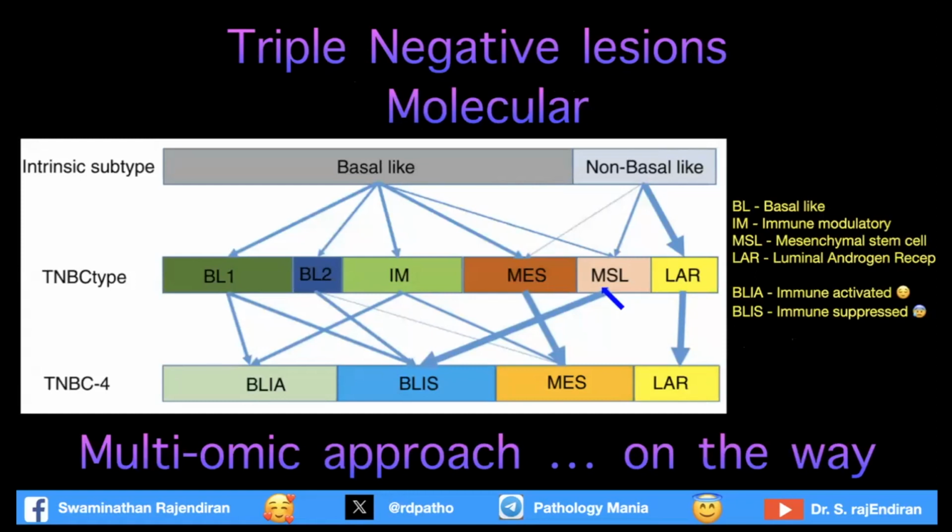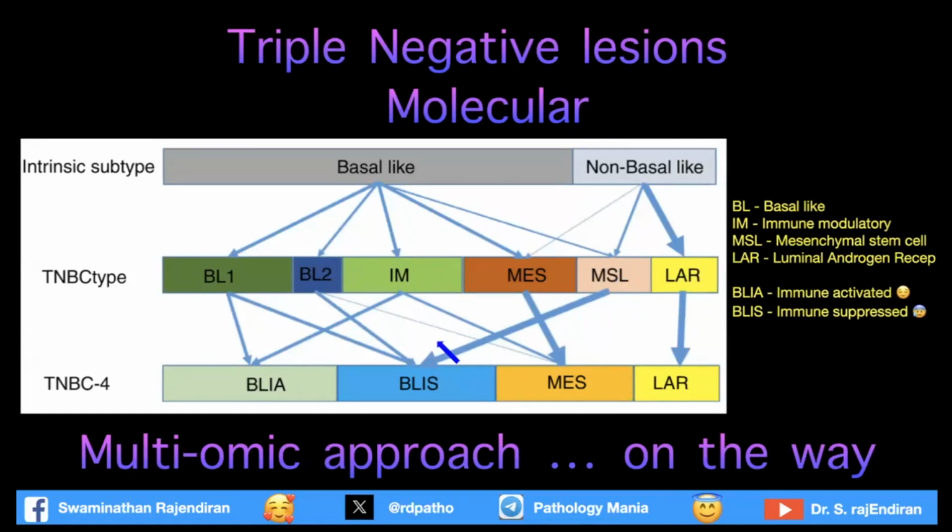Molecularly, how are these triple negative lesions classified? They are classified into basal-like type 1, basal-like type 2, immunomodulatory, mesenchymal, mesenchymal stem cell, and luminal androgen receptor.